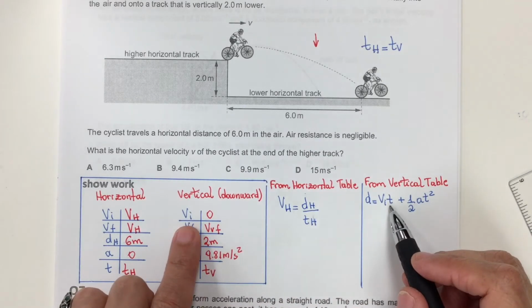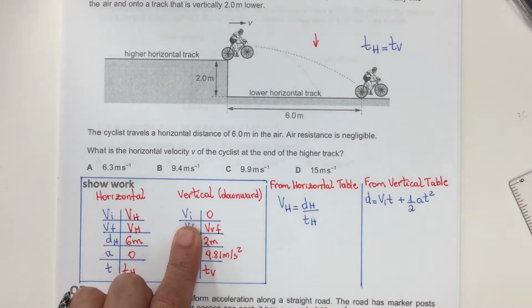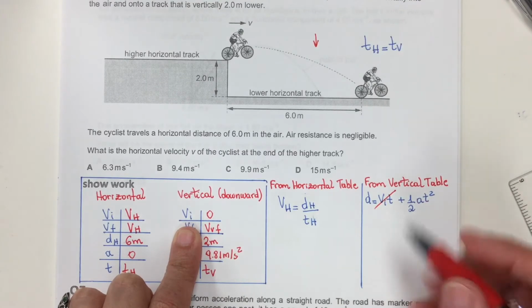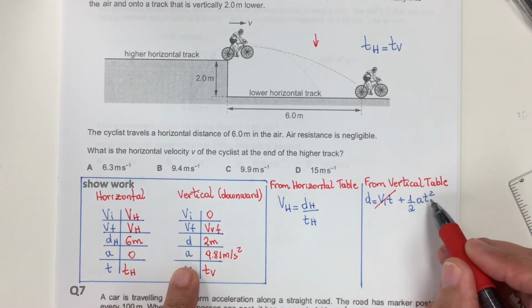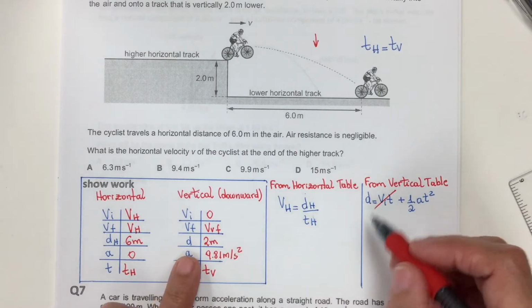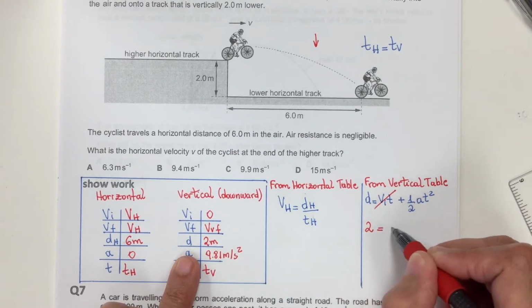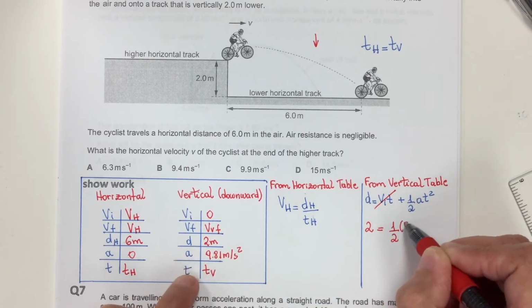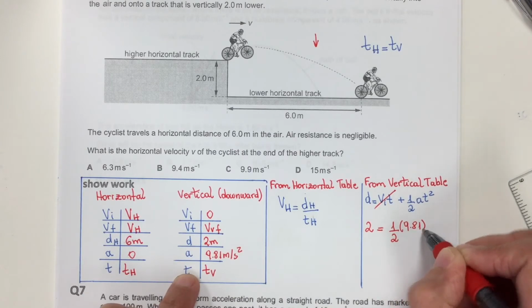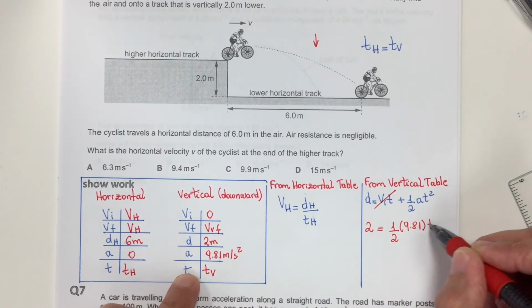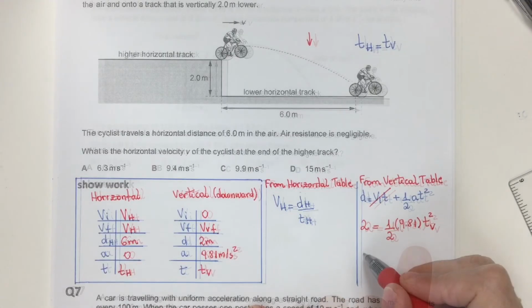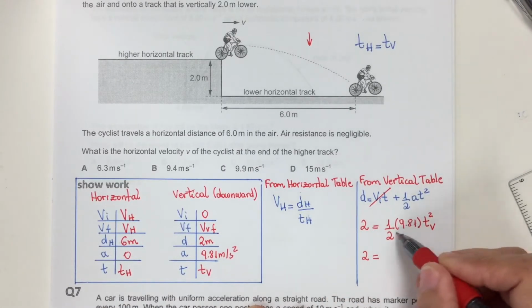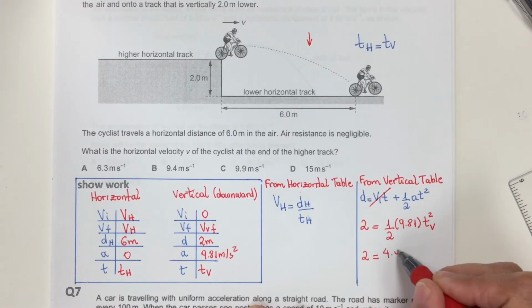My VI is 0, so this term is 0. What I have left is D equals half A T squared. My D is 2, half times my A, which is 9.81 meters per second squared, times TV squared. So this is 2, half of 9.8 is 4.9, TV squared.